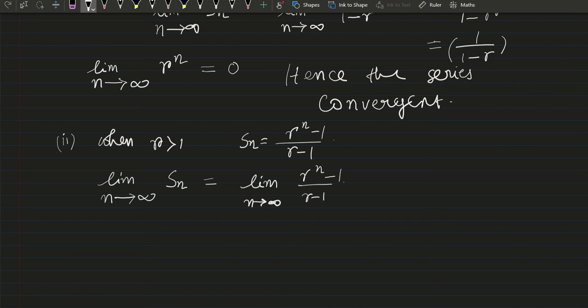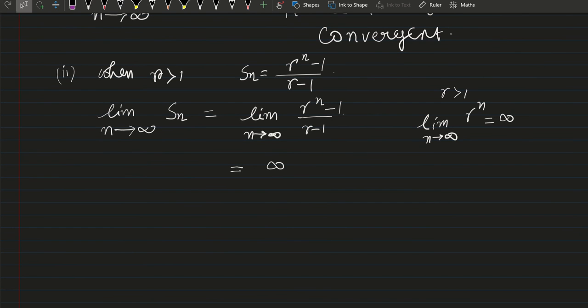As r is greater than 1, it is obvious that limit n tends to infinity r to the power n is also infinity, so this term also tends to infinity.